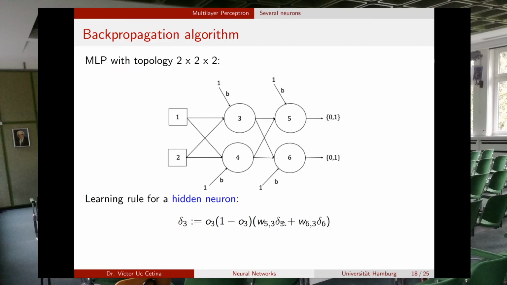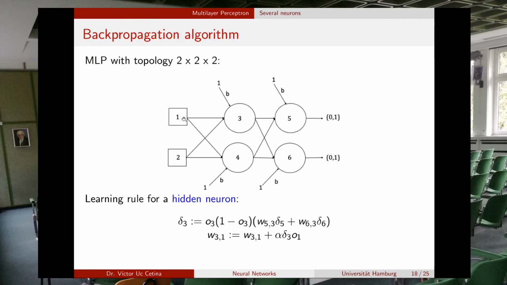hidden layer. And once you have computed delta of 3, then you apply the same rule that we used for output neurons. We just add to the current value of, for example, W31, some alpha portion of delta 3 times the output of neuron 1.